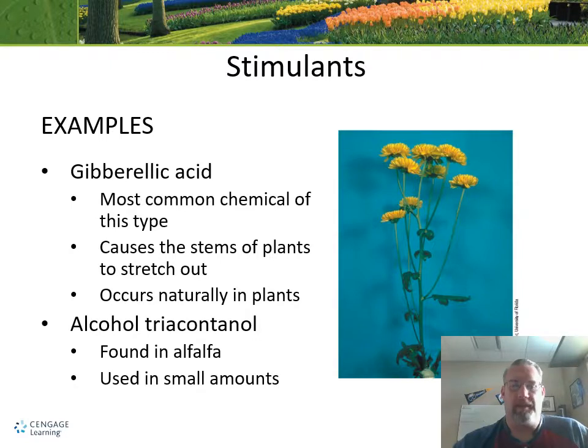So it is a stimulant to the plant, and it will elongate the plant until the plant has used up all its food reserves and it has nothing left to survive on and it dies. So often if you look at a plant that has been sprayed with 2,4-D, it's going to look all elongated, long, and kind of crazy. That's because it's basically gone in and told these plants to grow themselves to death.